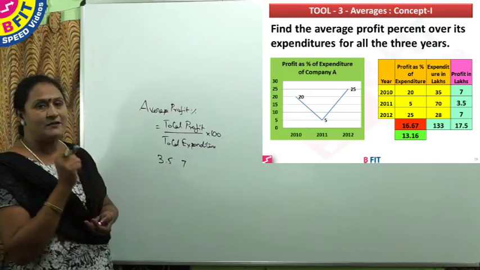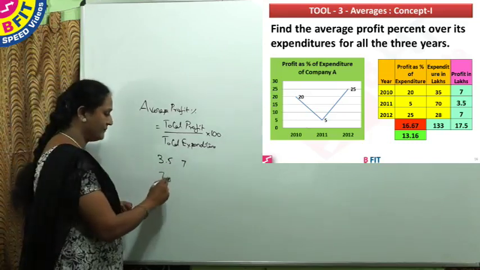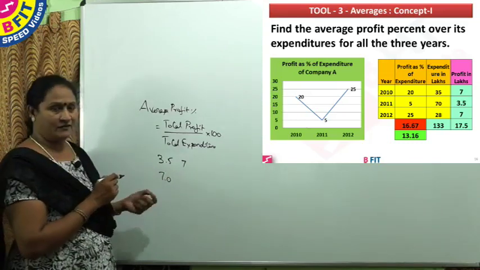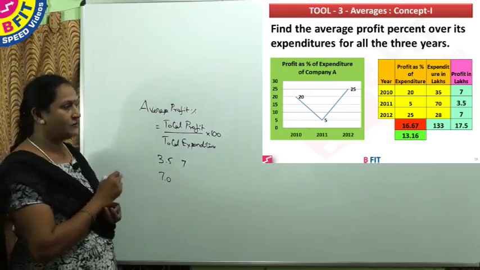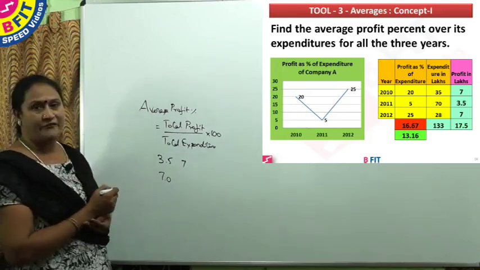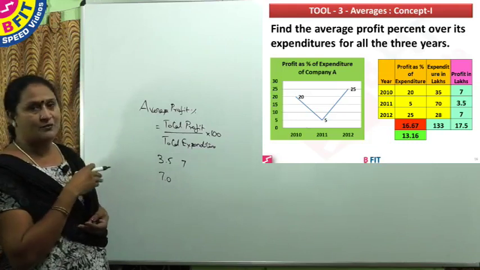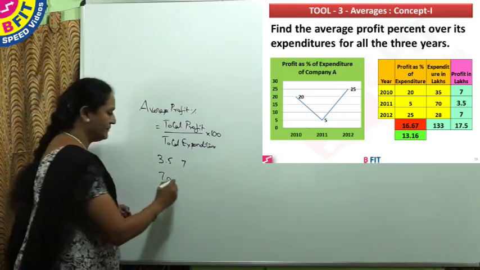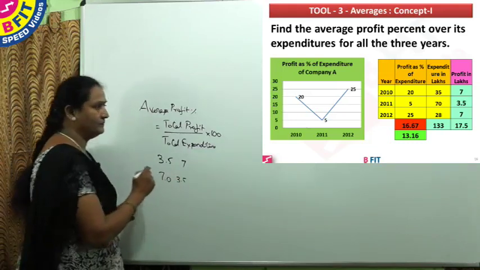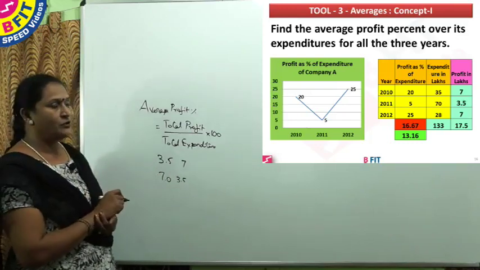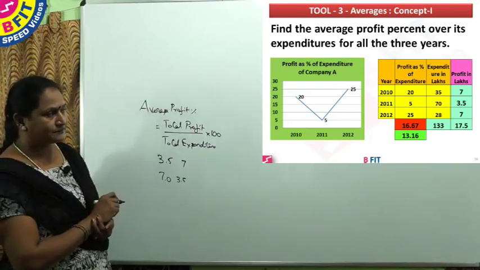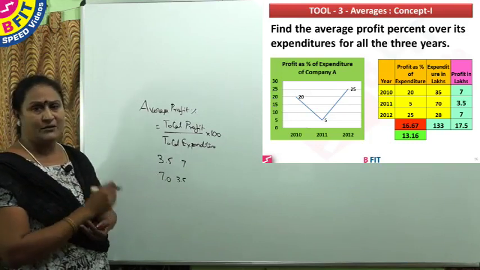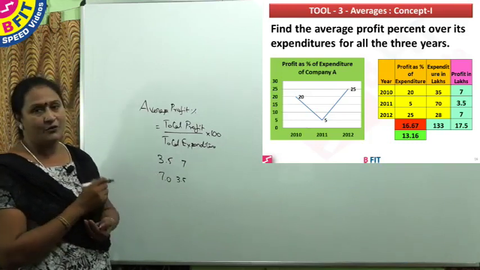And what is 5% of 70? So 10% is 7, 5% is half of 7, which is equal to 3.5. So we have the actual profits in the last column. So 3.5 is the actual profit for 2011. And for 2012, 25% of 28 lakhs.